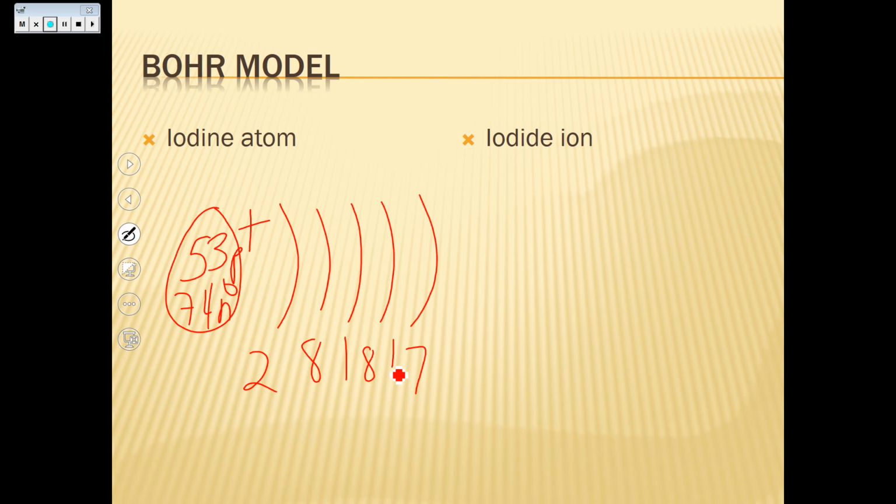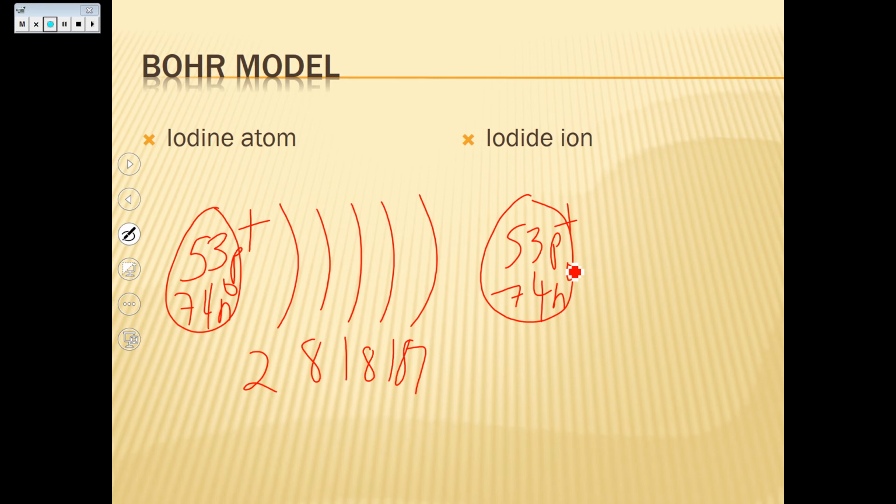So this shell right here has 18 like that. Okay. The ion has 53 positives, 74 neutrons.